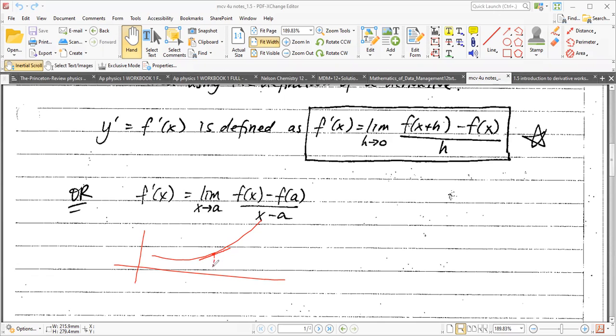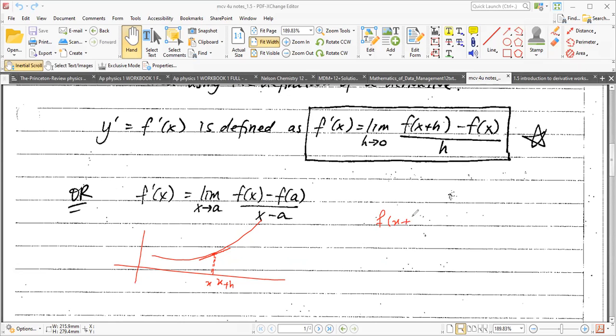What will you do? Choose a very close point. If this is X, I choose a very close point to X, like X plus H, and H is going to be very small, close to 0, right? So then I say y2 minus y1.